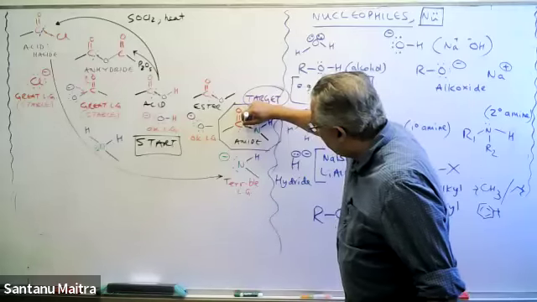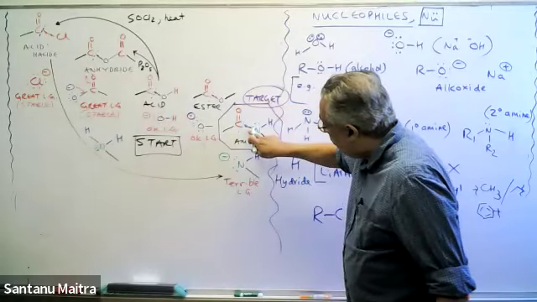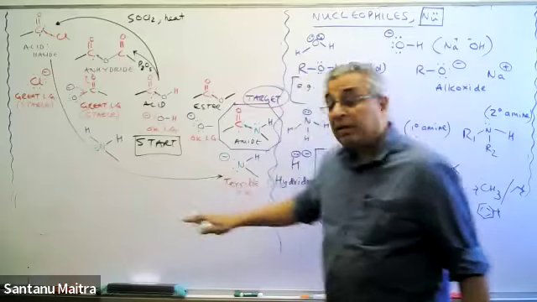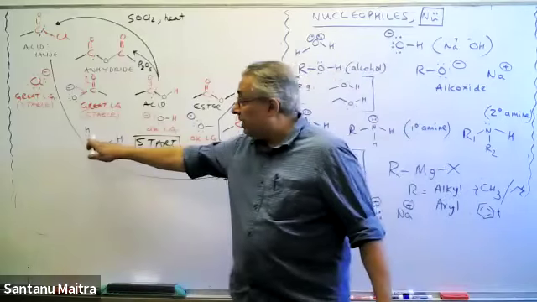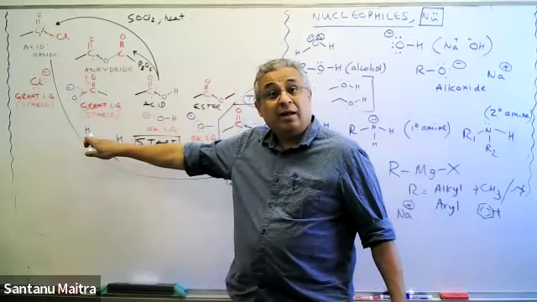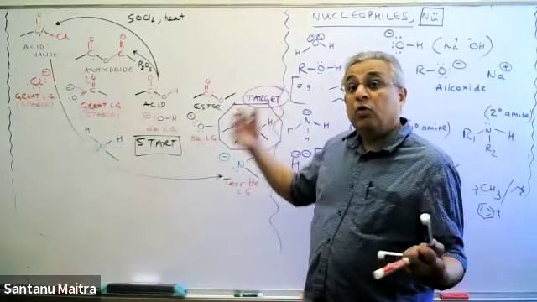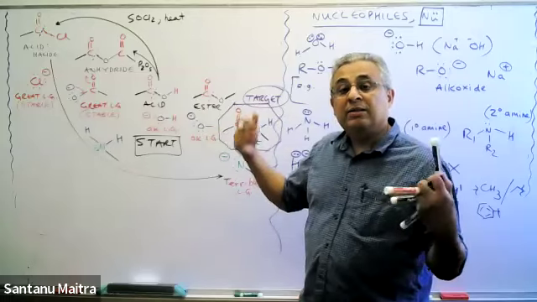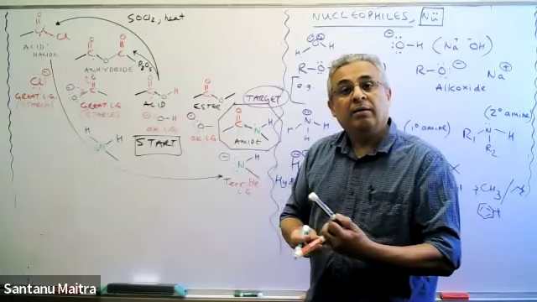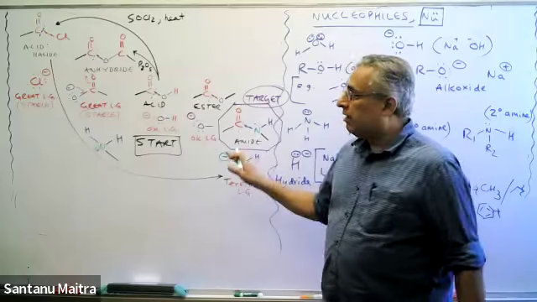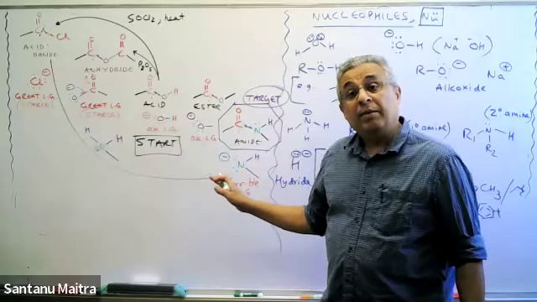If I change the color, that's the lone pair. But then it lost the extra hydrogen to bring back its normalcy, to make itself neutral again. Make sense? So this is a standard procedure by which you can make an amide bond.